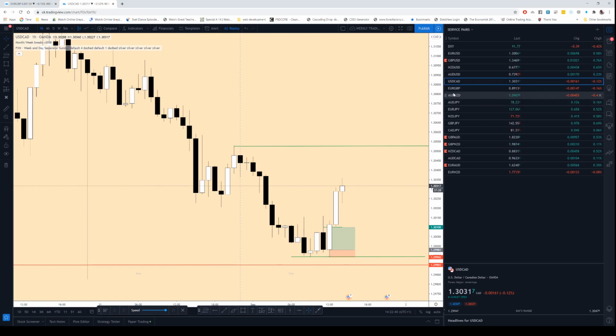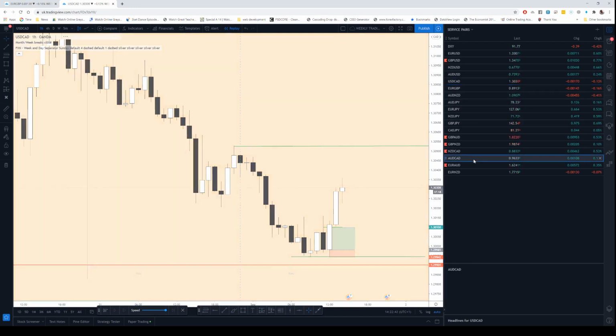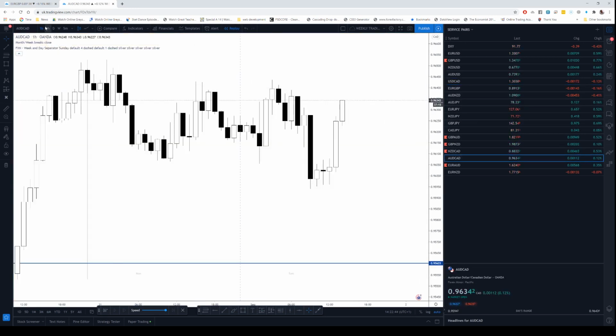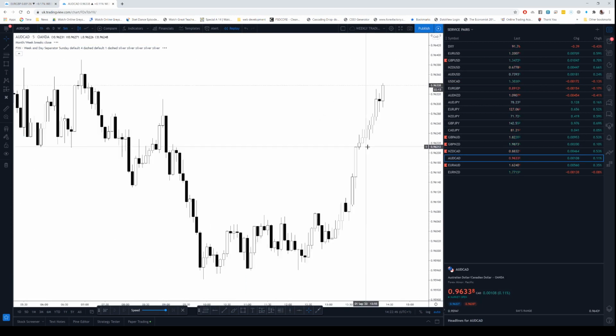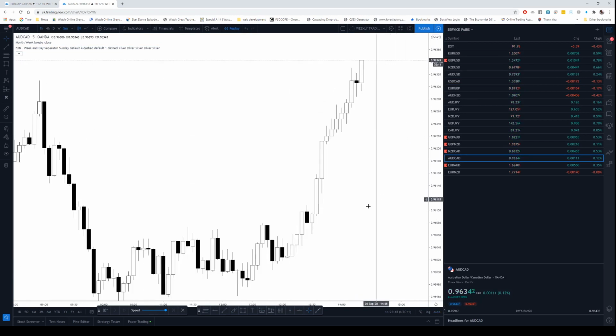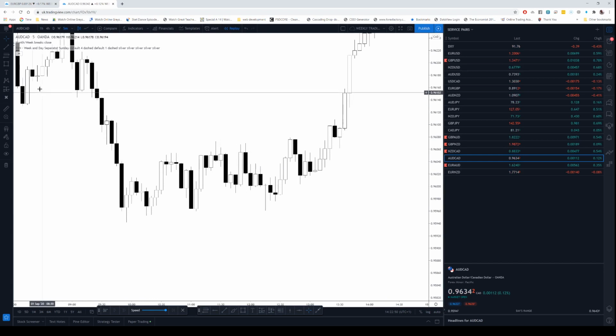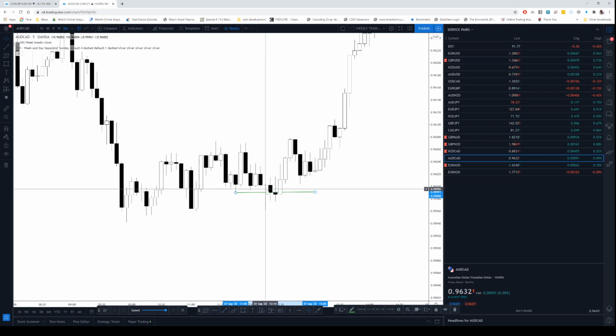Okay, so this was what I saw again on the CAD right in here. So I saw this move to the downside, taking out this swing low, and then price rejected and closed above this down candle, the big one.